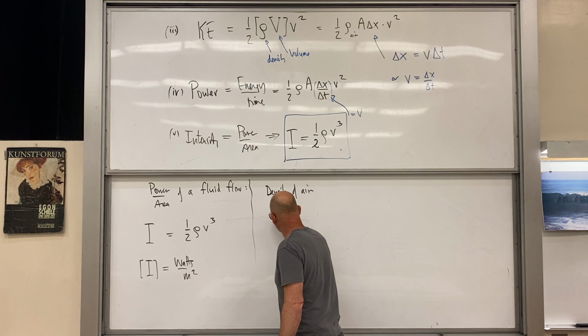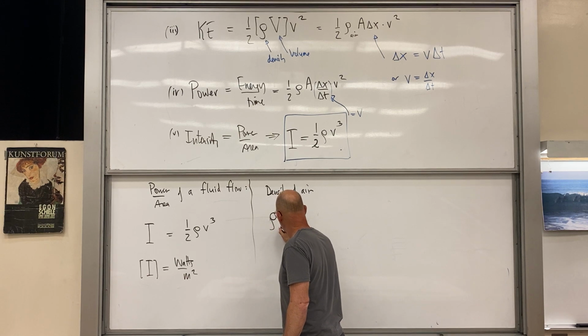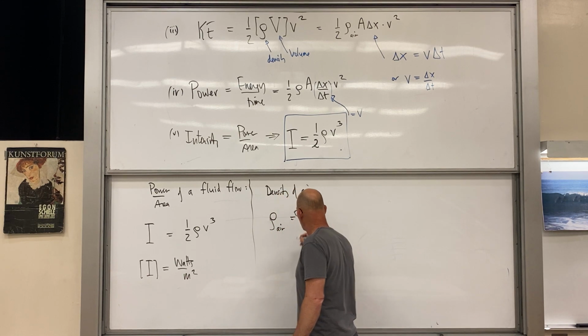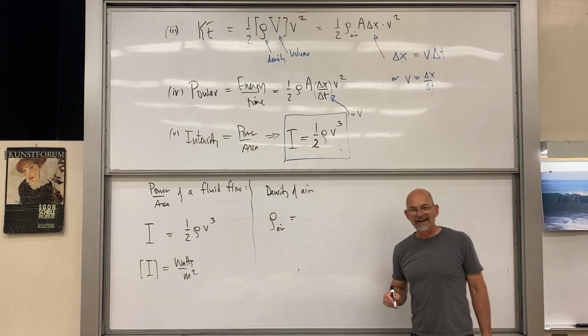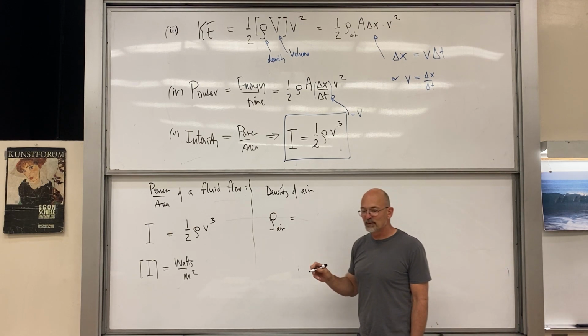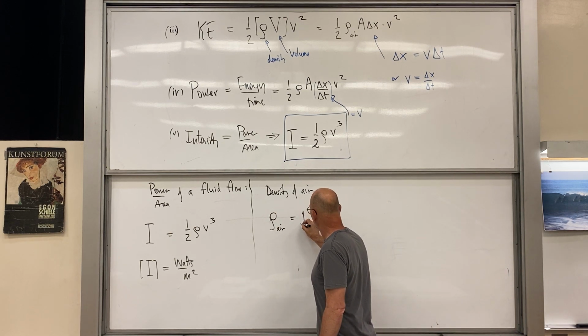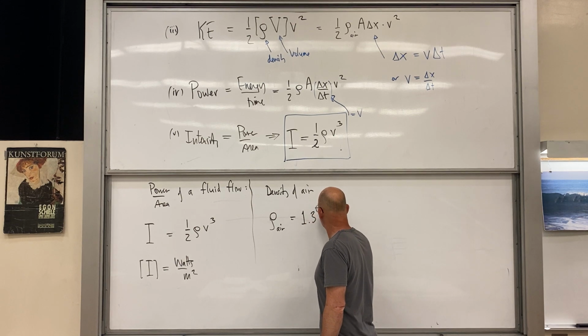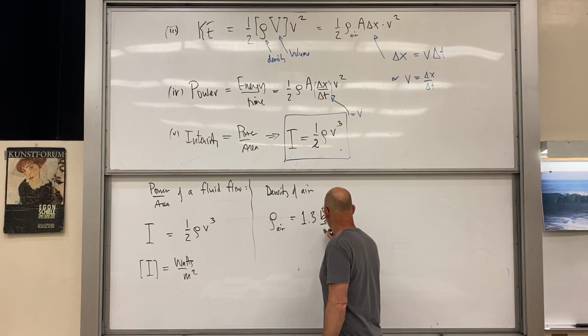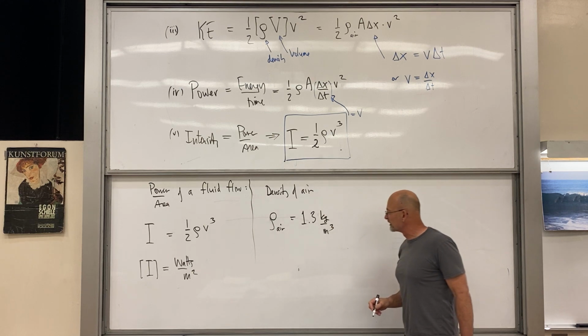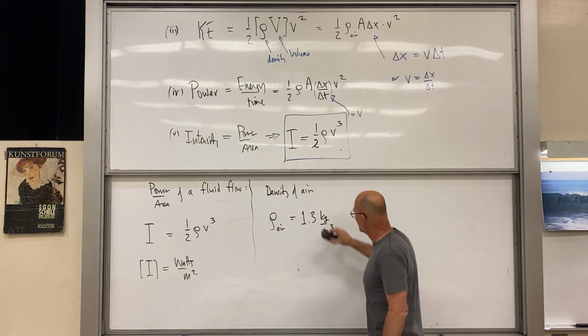We use the Greek letter rho. Air is about 1.3 kilograms per cubic meter. You could look this up if you want something more accurate.